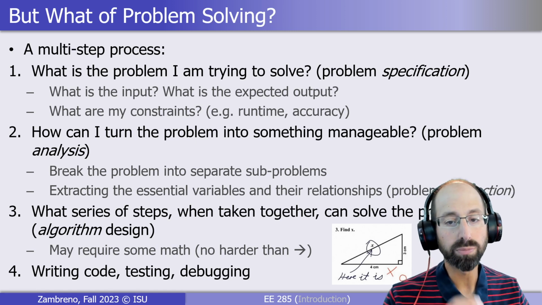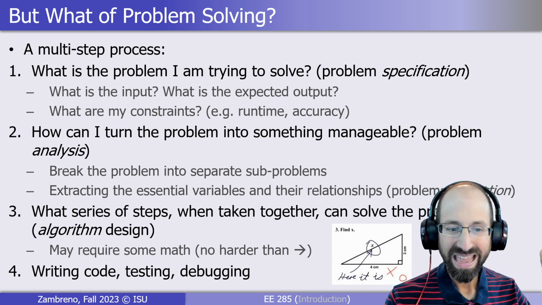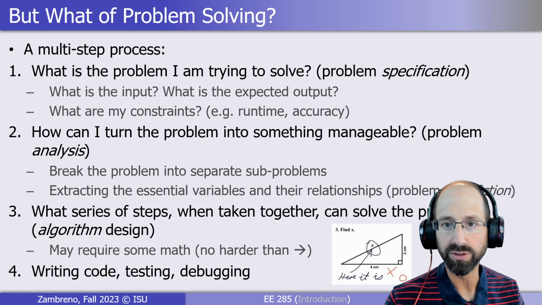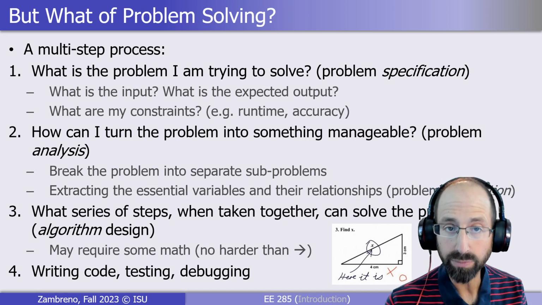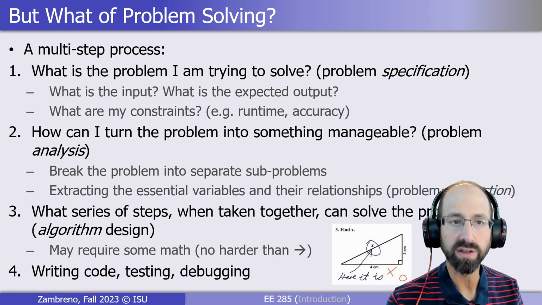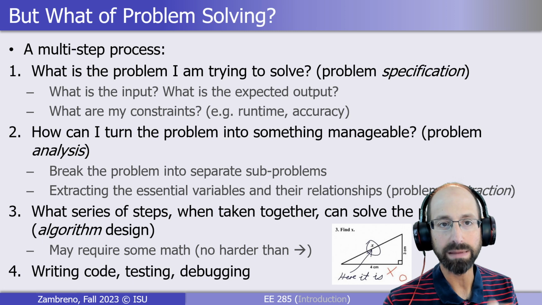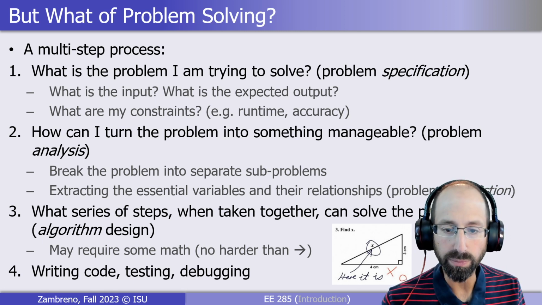Specifically, when we're writing programs, that tends to involve breaking a problem into sub-problems, and then oftentimes it has to do with extracting the essential variables and their relationships. This is usually specific to programming, but it's critical in a lot of problem solving as well. What are the things I'm going to need to keep track of the intermediate steps of those sub-problems?